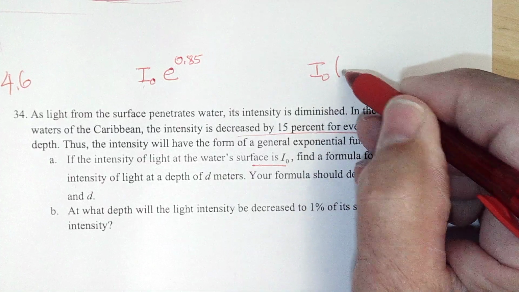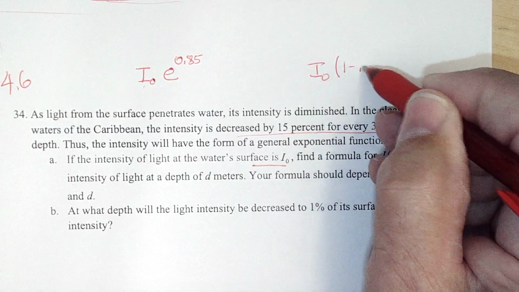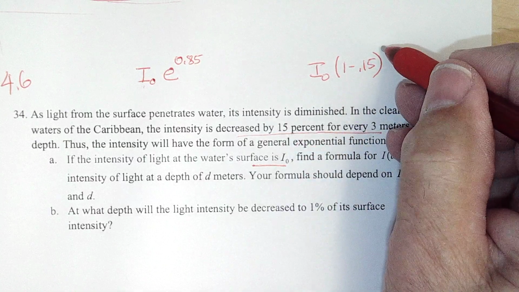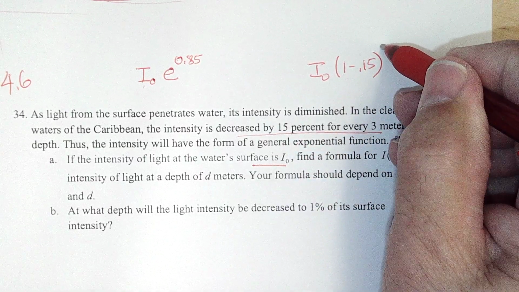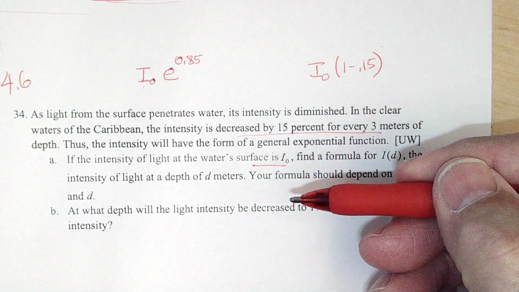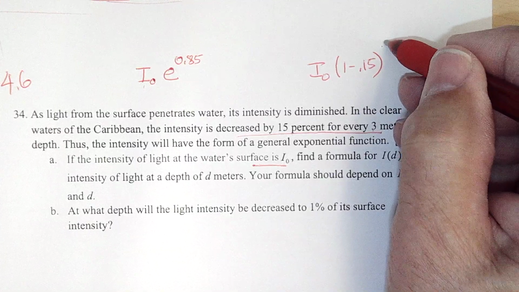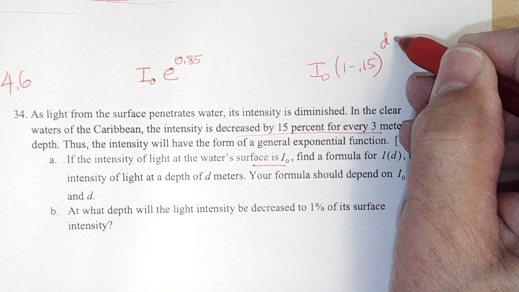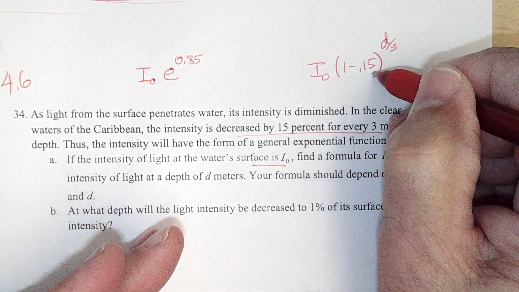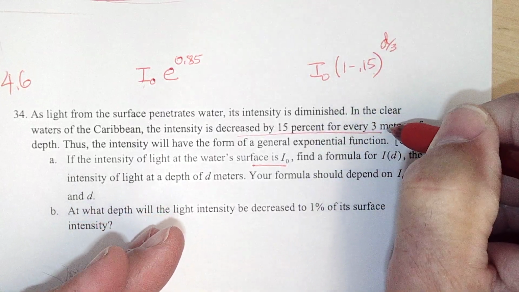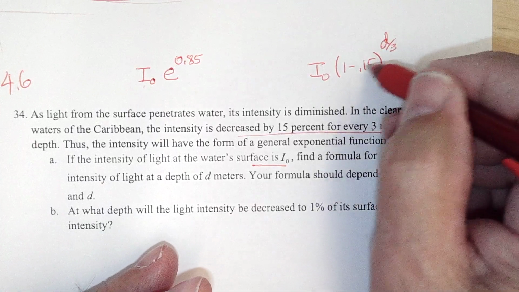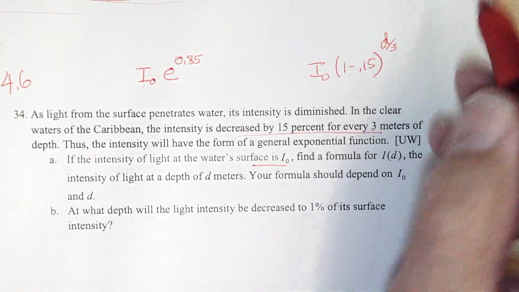It could be 1 minus 0.15, which is the 0.85, to the distance down, but it only does it for every 3 meters. So if I say d, I'd have to divide it by 3 so that at 3 it does 1 unit of 3 meters, and then if I put 6, it would be 2 times it would go to this.